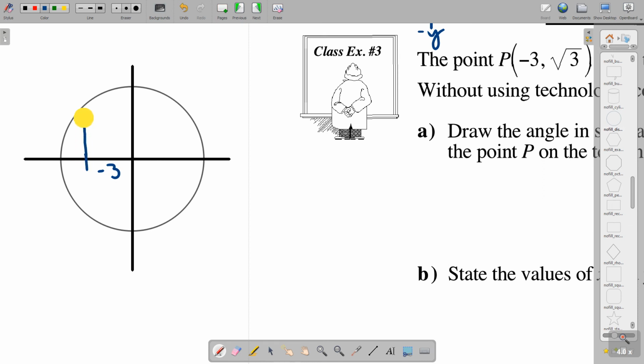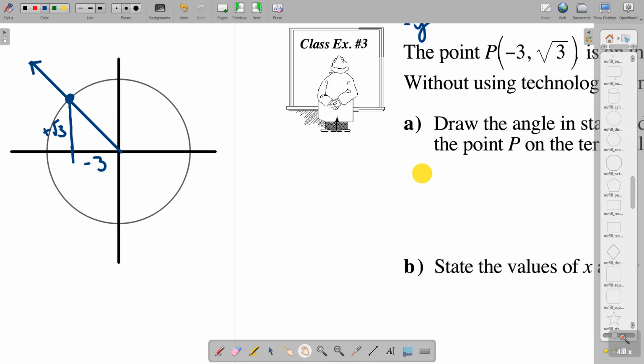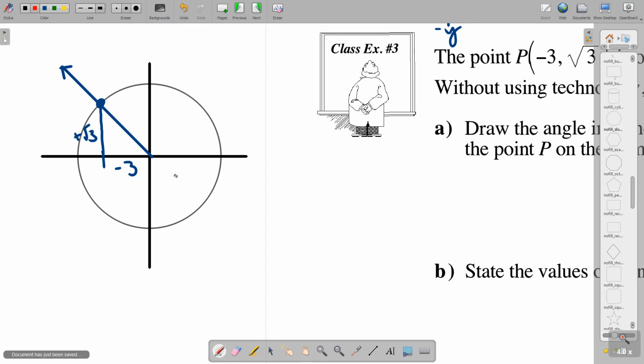And the y value is, in fact, root 3. Positive. My terminal arm is there. Okay. Draw the angle in standard position. Let's do that. There we go. There's the standard position. It doesn't ask me to solve it, by the way.